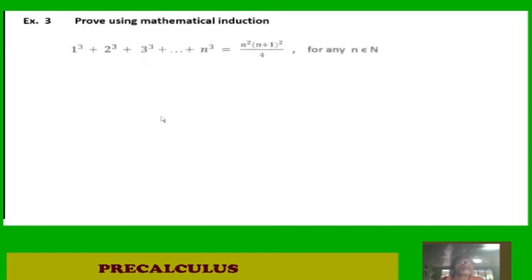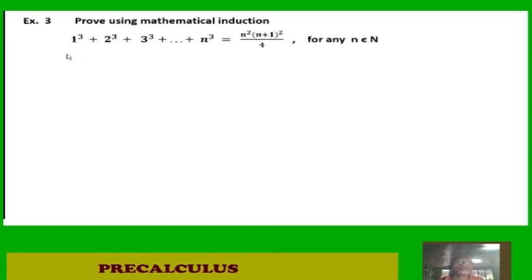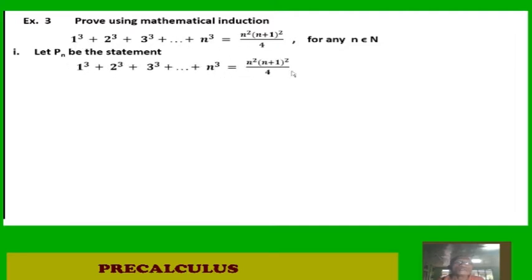Next sample. Prove using mathematical induction: 1 cube plus 2 cube plus 3 cube plus up to n cube is equal to this fraction for any n element of natural counting numbers. First step, let P of n be the statement. Then let n equal 1.